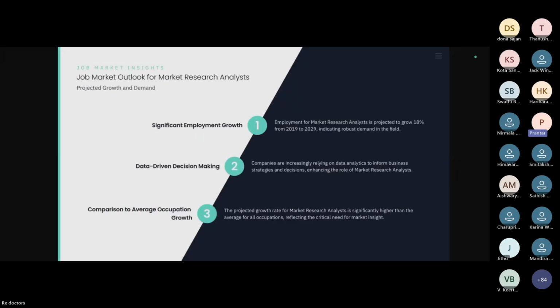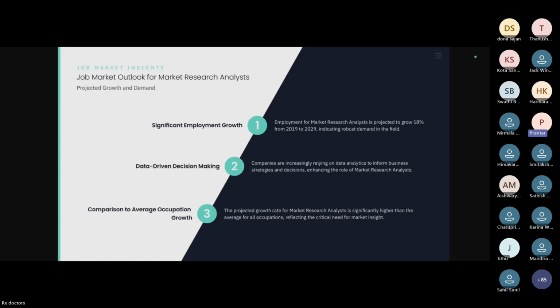All right. So currently, from what I've researched, the job market for market research analysts is growing, and I think it's exciting. With businesses now, they're more relying on data-driven strategies. What it really means is they want data from the field so that they can make decisions based on that.